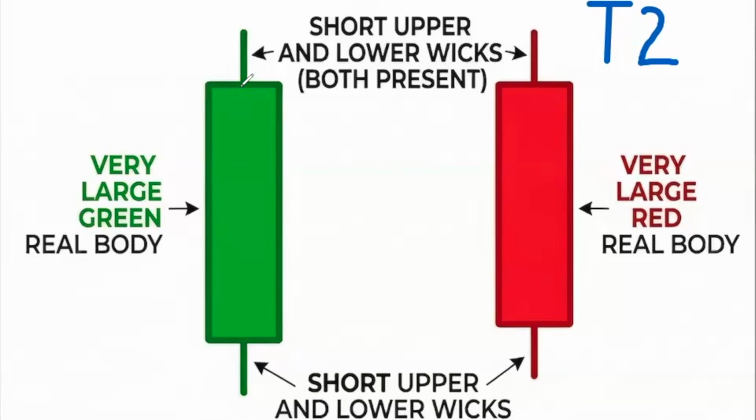The type 2 candle is a candle that has a body longer than the upper wick and the lower wick, and that is still a very good candle. It indicates a really good bullish trend still and a really good bearish trend with only a small wick. Wicks have to be smaller than the bodies of the candles. Now, this is a type 2.